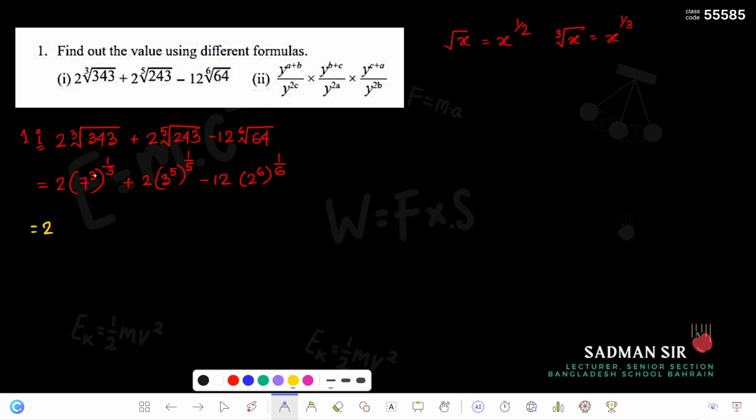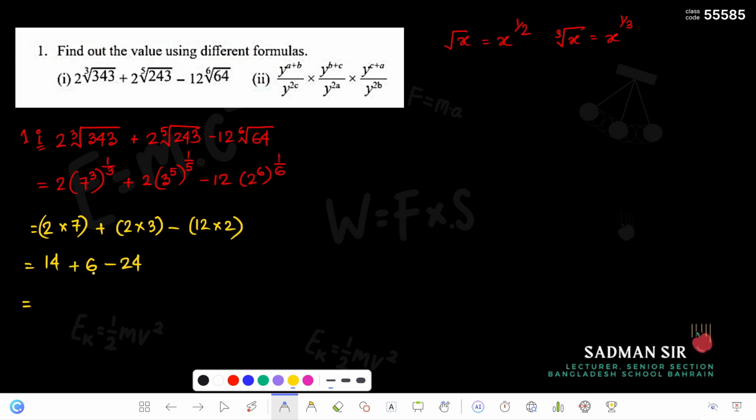So 3 and 3, as I already told you, will cancel each other. So 7 to the power 1 is basically 7. And the same will be here also, 2 into 3, similarly. And then minus 12 into 2. Now 7 into 2 is 14, plus 3 into 2 is 6, minus 12 into 2 is 24.